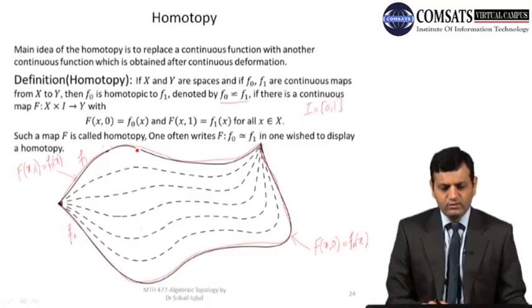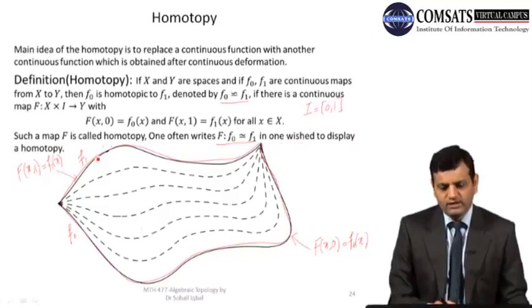Such a map is called a homotopy. One often writes F from f0 to f1, or f0 homotopic to f1, if one wishes to display a homotopy as well. So what's really happening?